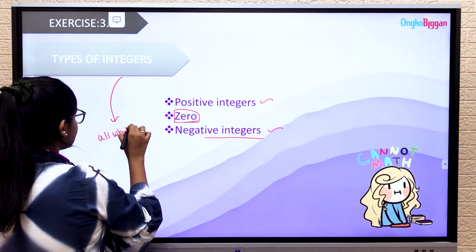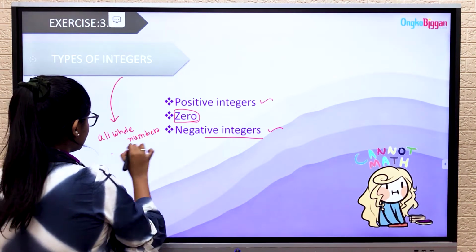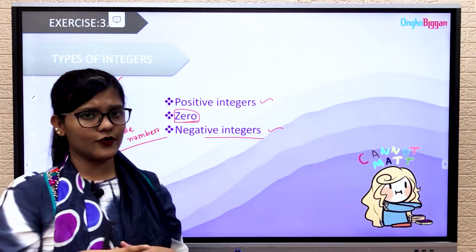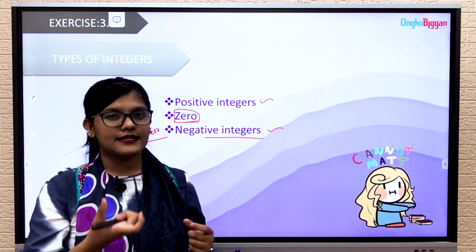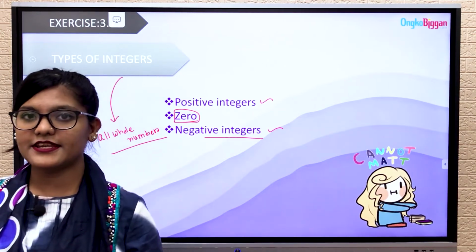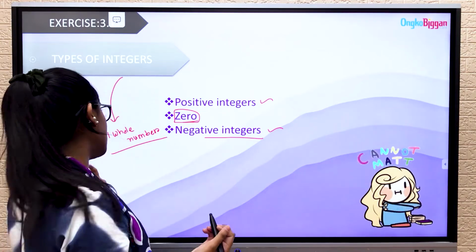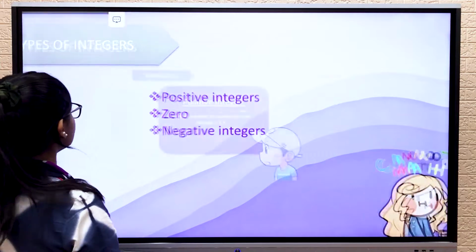I am mentioning it again and again because in your MCQ it might come that which one of the following numbers is an integer. In your options you may get whole number, decimal fraction, like this. So you will mark whole number. So yes, let's move forward.